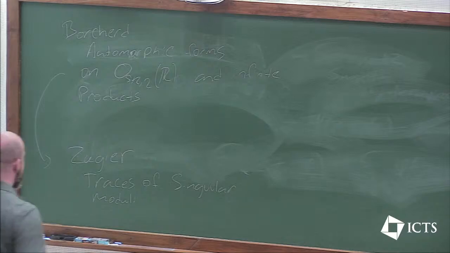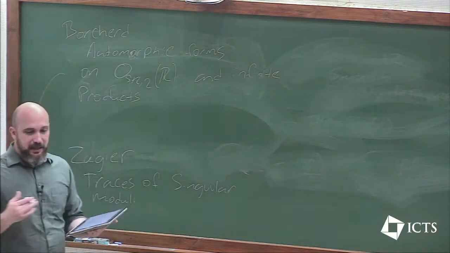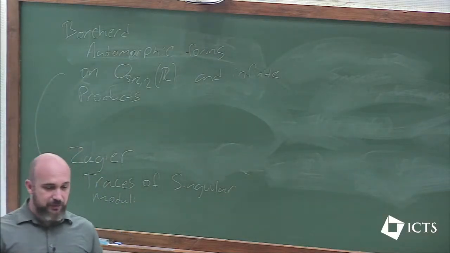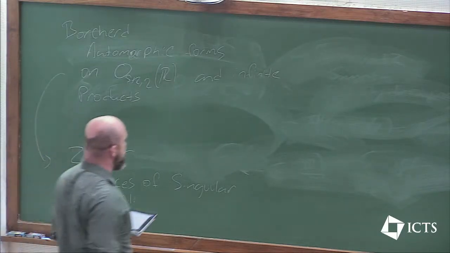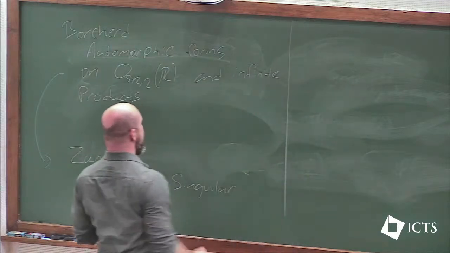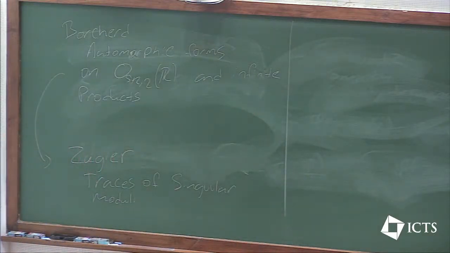Zwegers gives a very nice, clear description of at least one very important example of this, completely algebraically, without our messy integrals or anything like that.